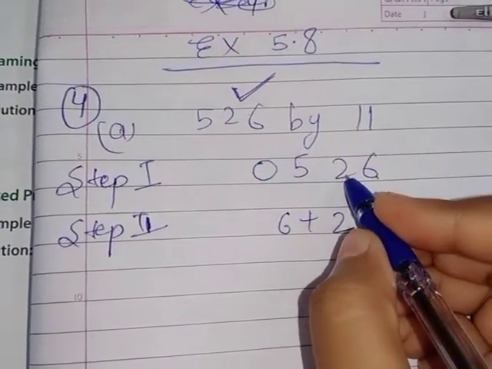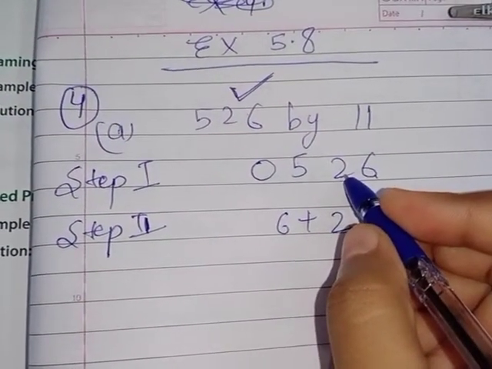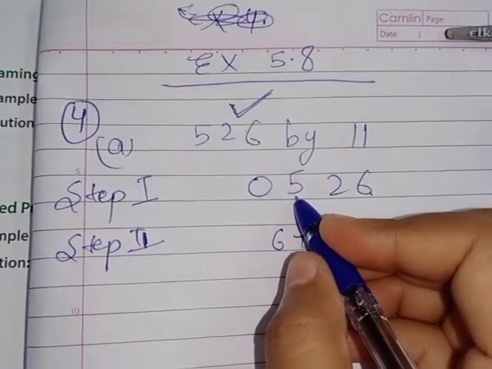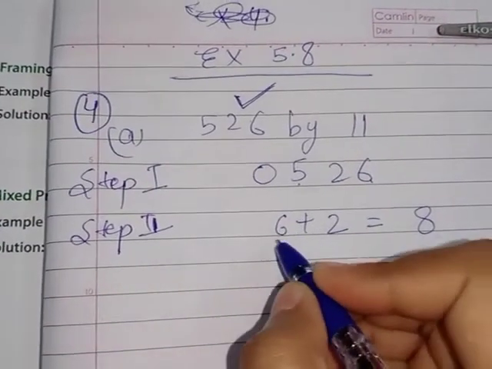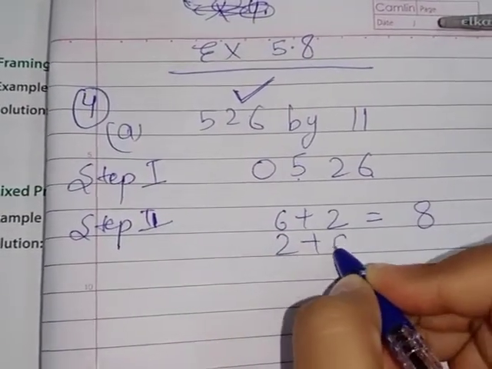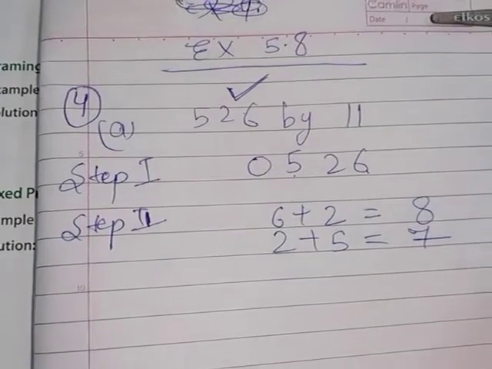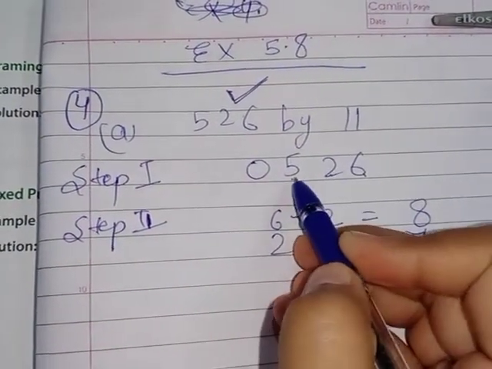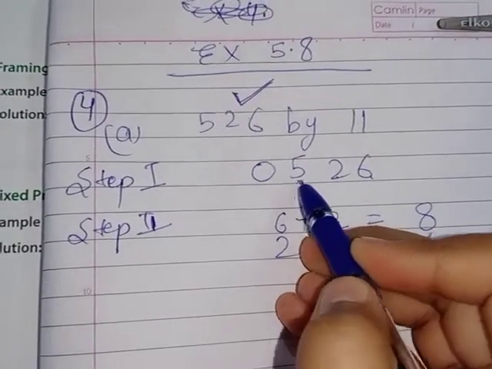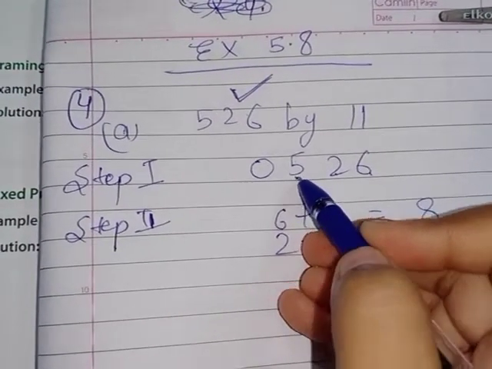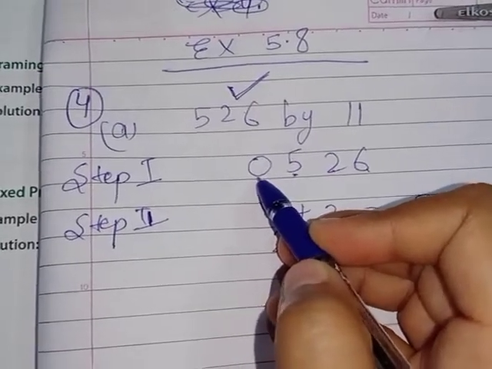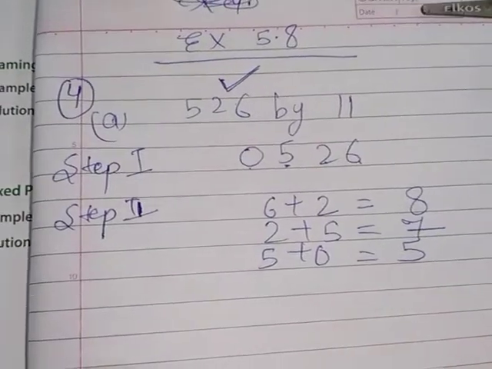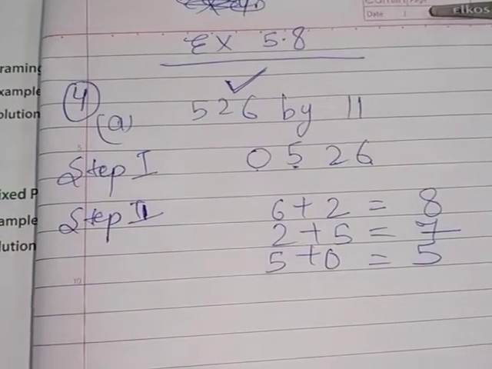Then the tens place number we add with the hundreds place number, that is 2 plus 5, which is 7. Then the hundreds place number we add with the 0 which we have written. So 5 plus 0 is 5. You got what I have said?